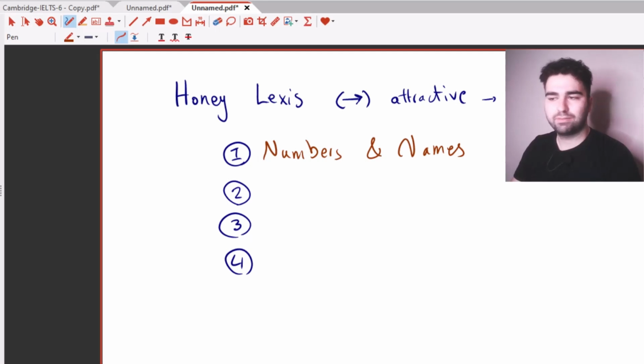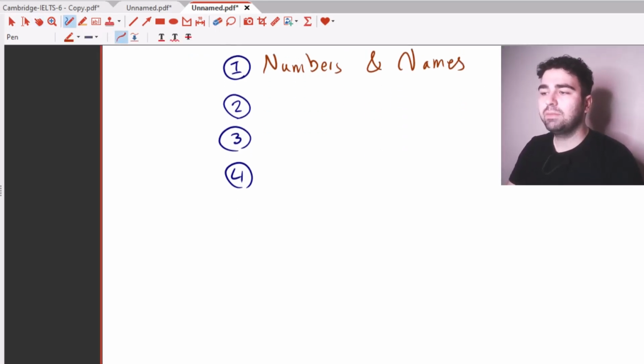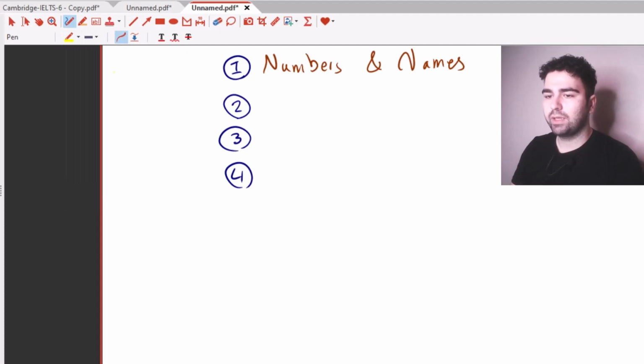And numbers, needless to say, you can find them very easily. However, following the same pattern and having your own mindset of what you're doing, I really suggest underline numbers and names.